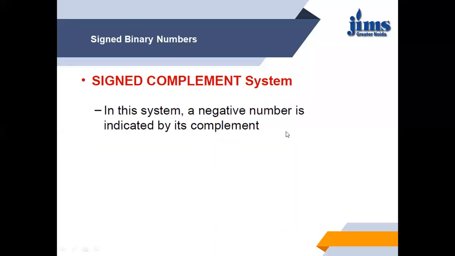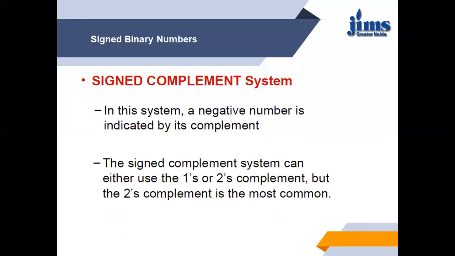In this system, a negative number is indicated by its complement. The signed complement system can use either 1's or 2's complement, but 2's complement is most commonly used in computer systems. I'll discuss it later when we compare 1's complement and 2's complement representation, and then I'll discuss it in detail.